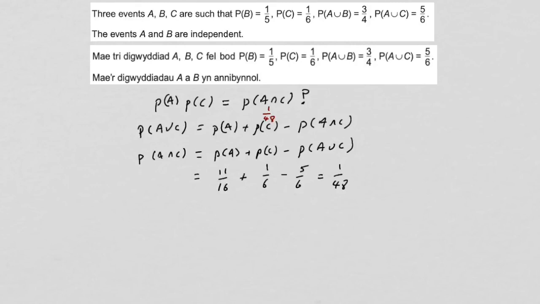And now we can work out the multiplication, so P of A times P of C is 11/16 times 1/6, and that is 11/96. So we now have, is it the case that 11/96 equals 1/48? Well, no, it isn't.